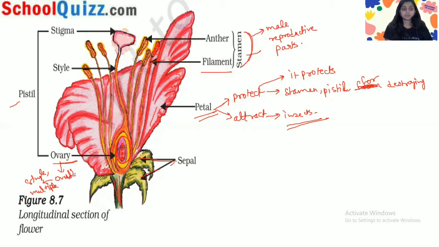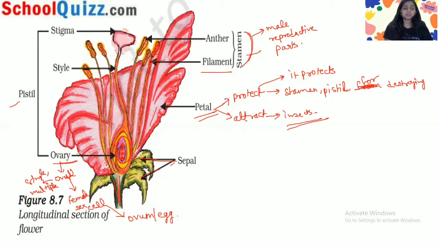And in the ovule there is a female sex cell, which is called the ovum or egg.